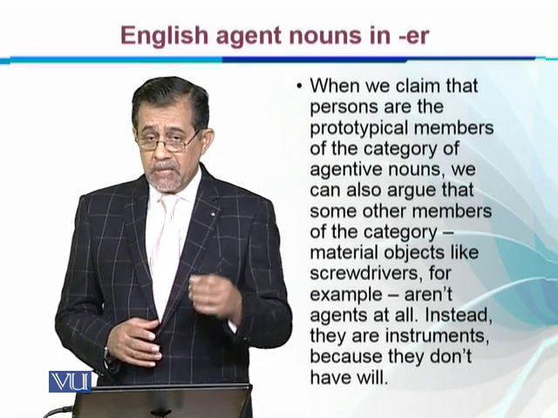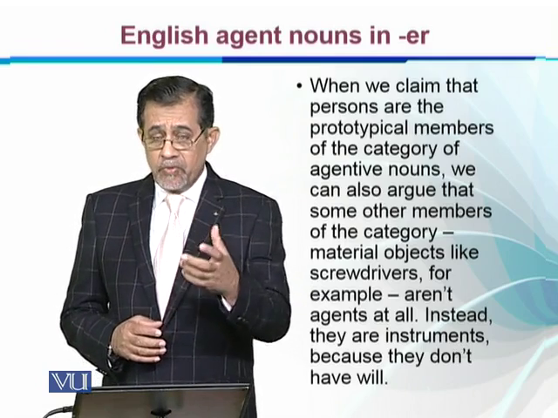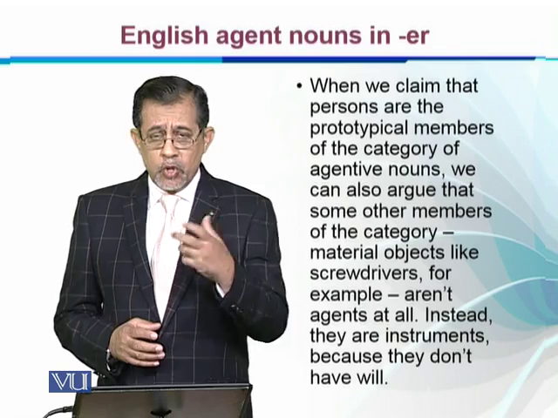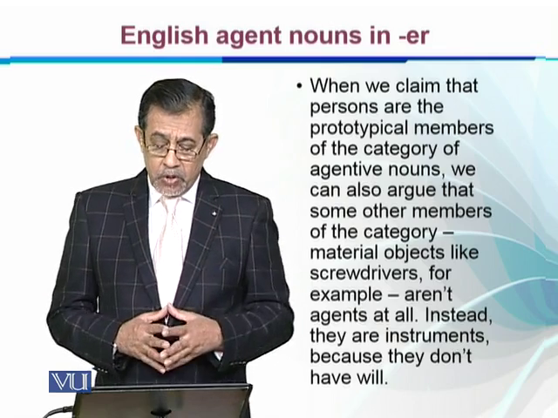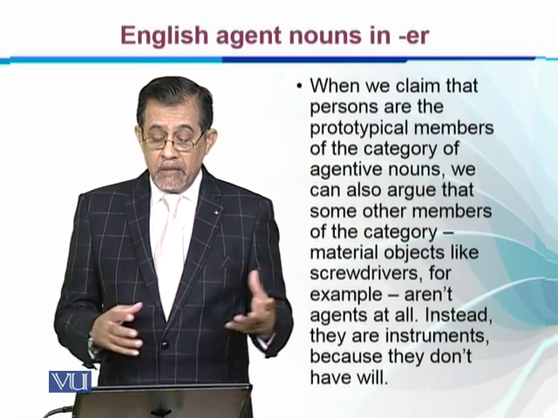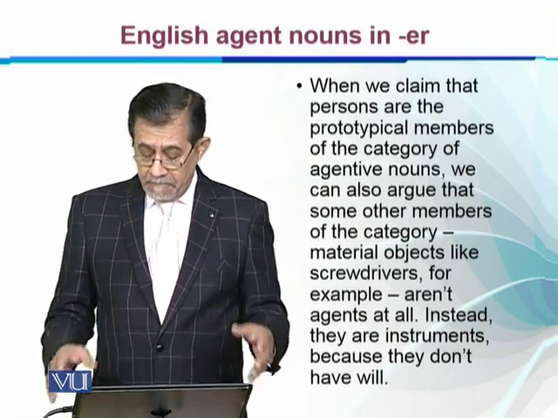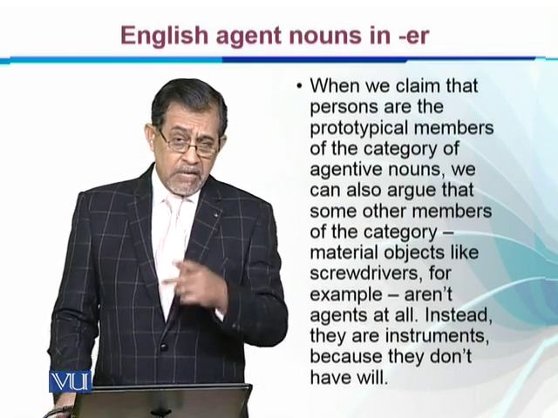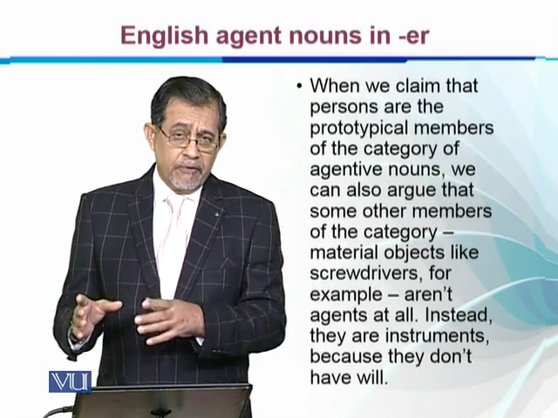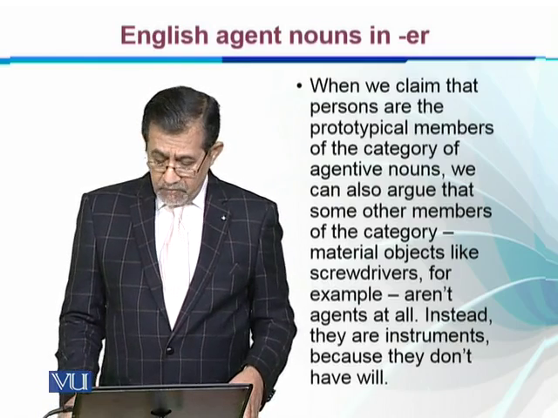Screwdriver is not a person, it's a tool. So instead they are instruments because they do not have will. So here we have an exception from the core meaning of the ER agentive noun.